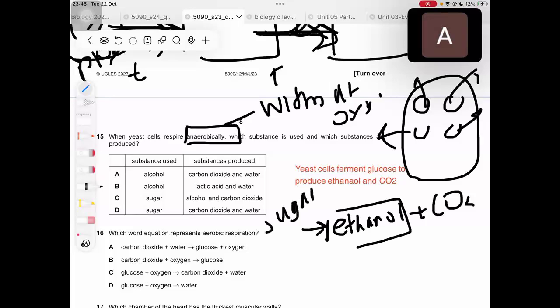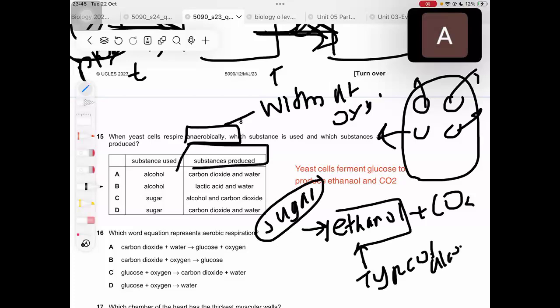Their substrate is the sugar, and they turn this sugar into ethanol and carbon dioxide. Ethanol is a type of alcohol. Therefore, substances produced are alcohol and carbon dioxide, and substance used will be sugar.